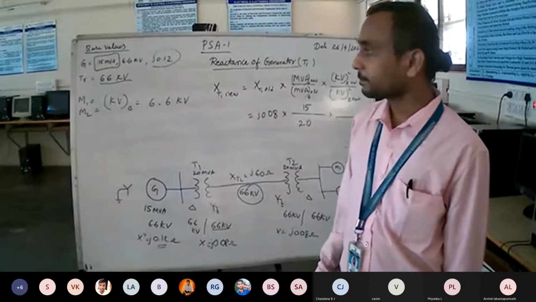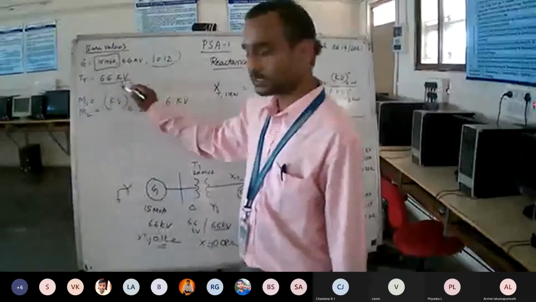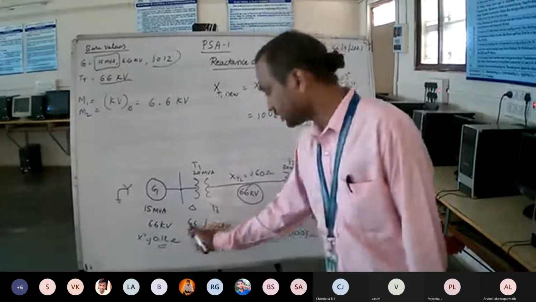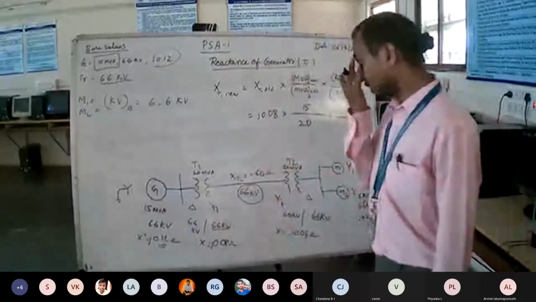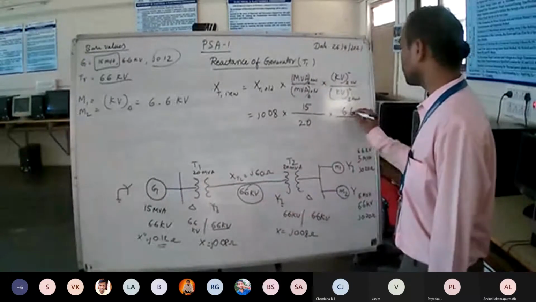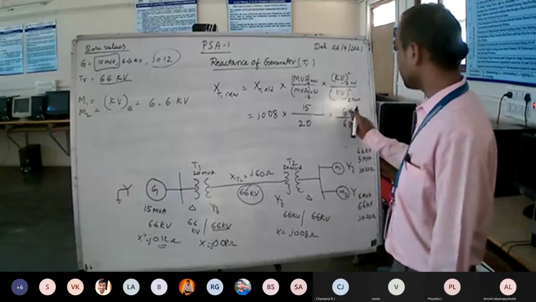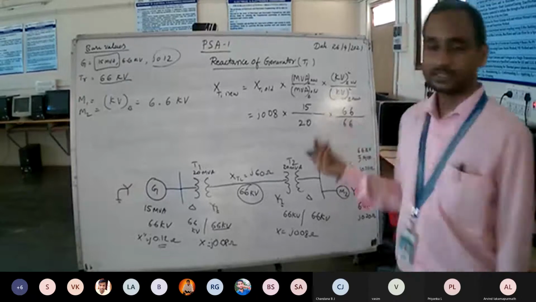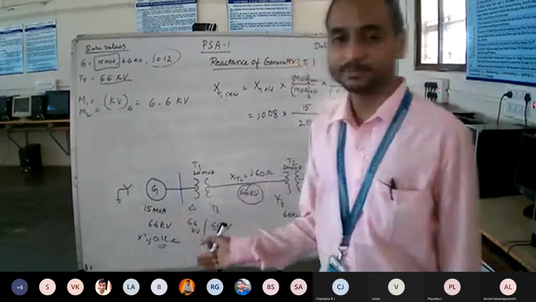Correct? So the transmission line is 66. On the transformer side, either 6.6 or 66. Suppose you are calculating on the LT side, you can choose both as 6.6 and 6.6. Or on the HT side, both are 66. You can choose either the primary side or the secondary side.